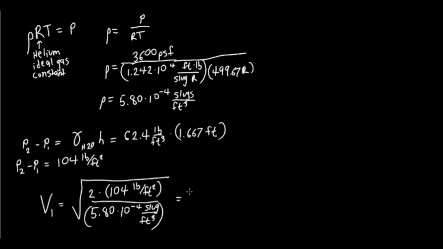And so we resolve that. V1 is equal to, let's put an arrow there, 598.85 feet per second.